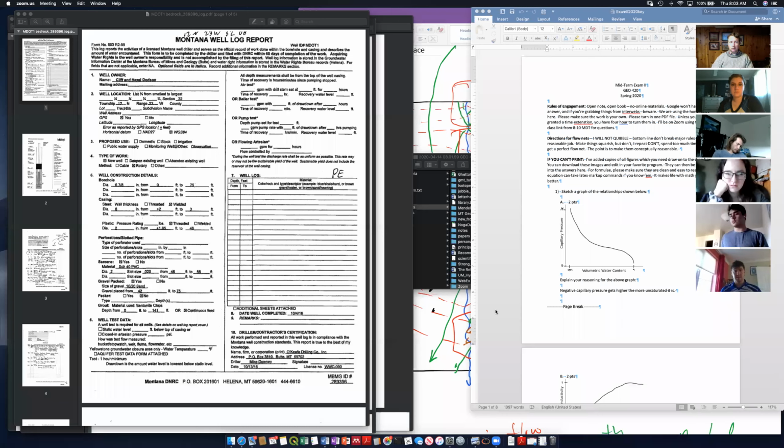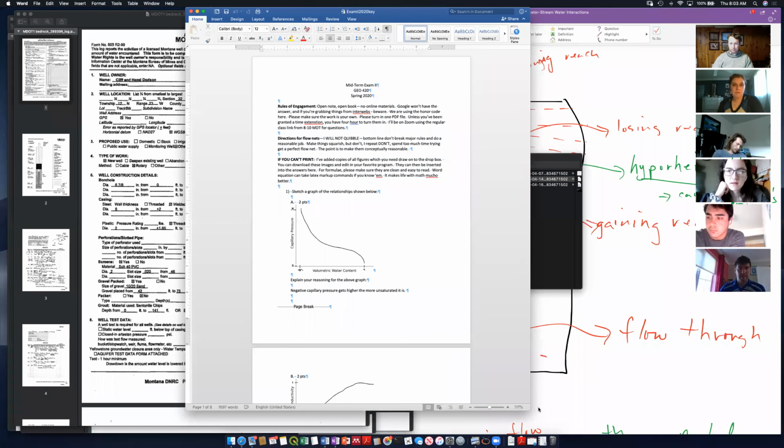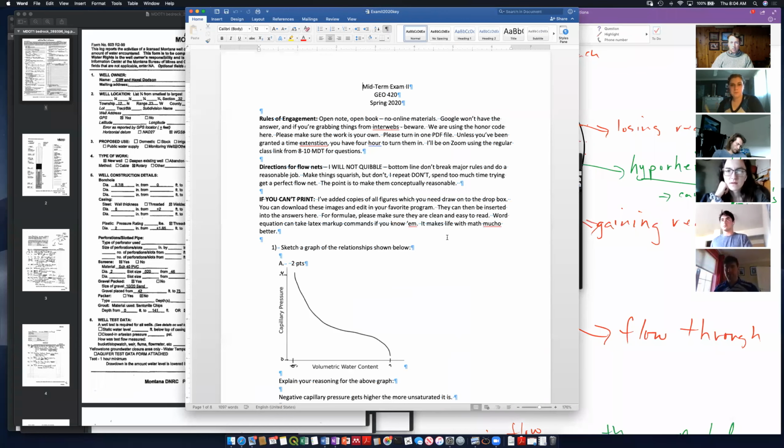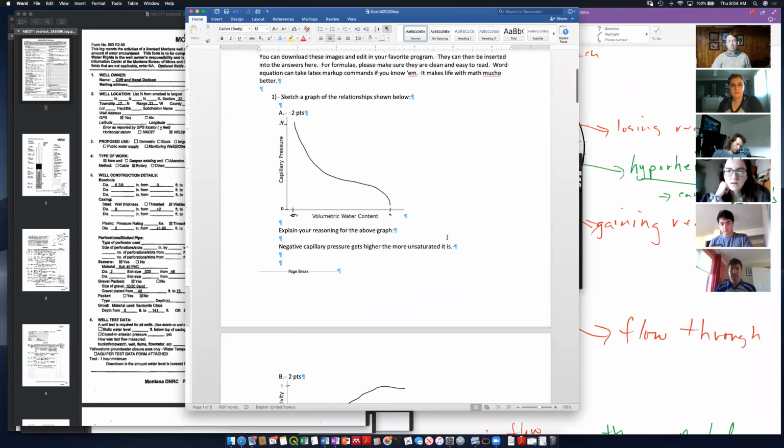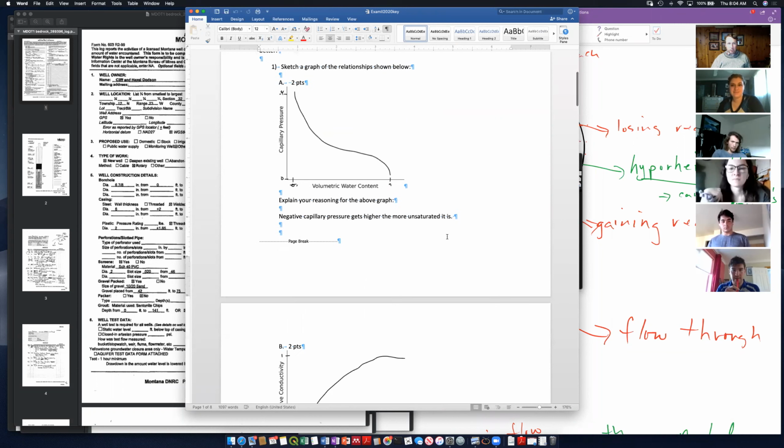All right. So I should be sharing my screen, and I'm going to pull the key up here so we can look at it. Everybody did pretty well on this first sketch.